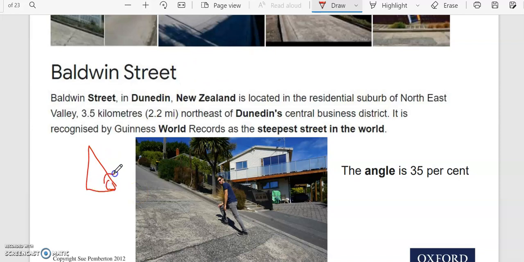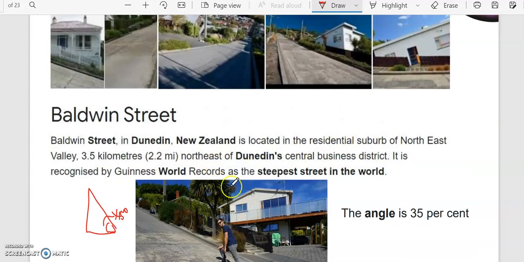Saya dah pernah pergi ke tempat ni, dan saya pernah lalu jalan ni. Memang saya dapatlah sijil yang mengatakan dah melalui steepest street. Kiri kanan dia memang perumahan. Memang sangat penat you nak naik jalan ni. Dekat New Zealand, Dunedin.